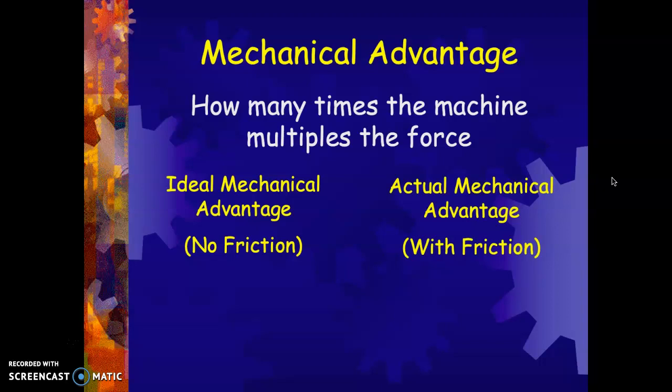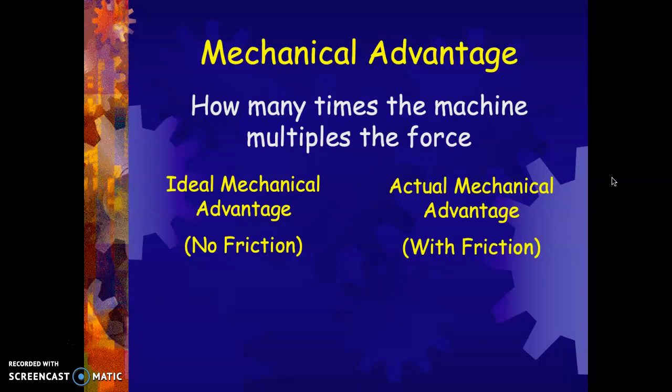That's what the machine would do for you if there was no friction. Now, since we learned much earlier in the course that there is always some type of friction, regardless, there is actual mechanical advantage. How much force do you put in compared to what you get out? That is the actual mechanical advantage.